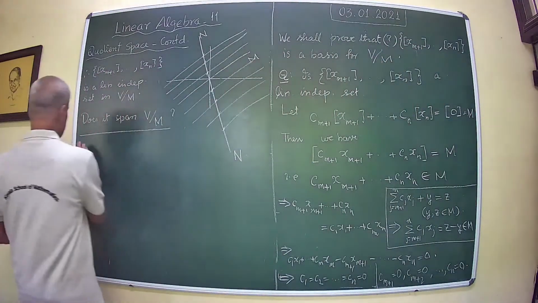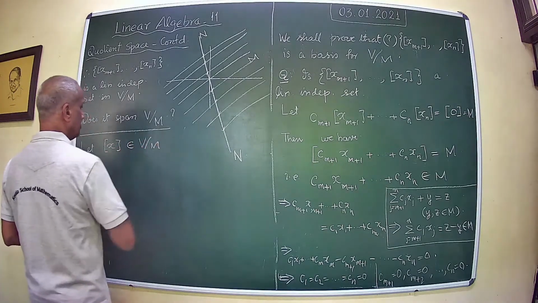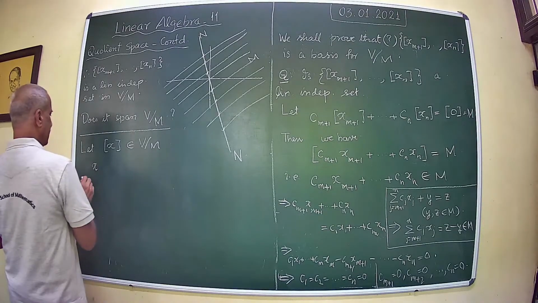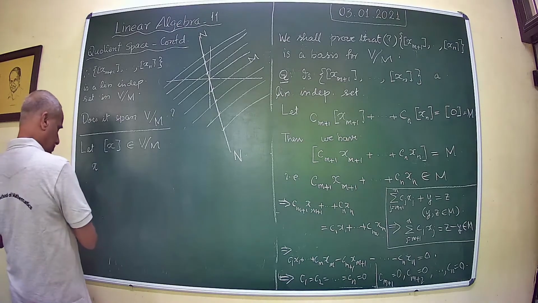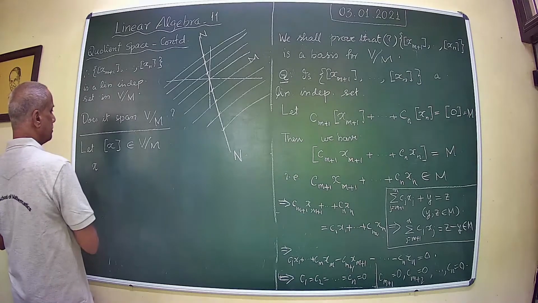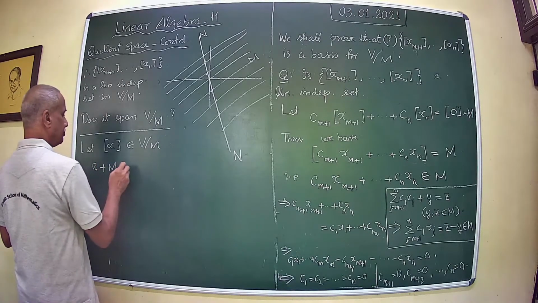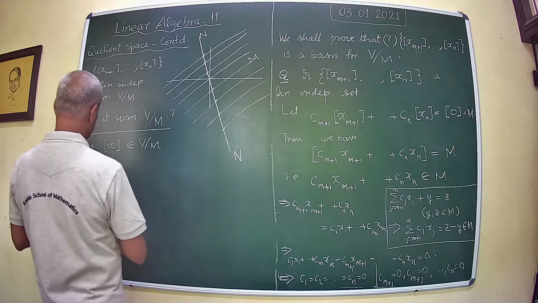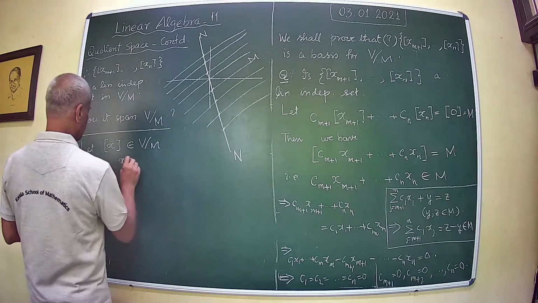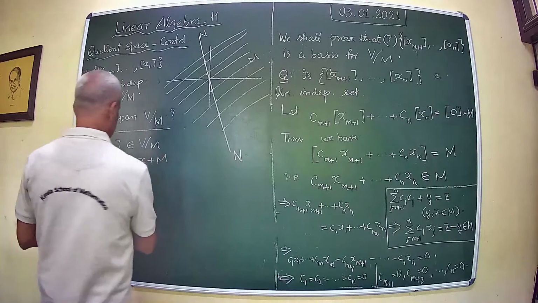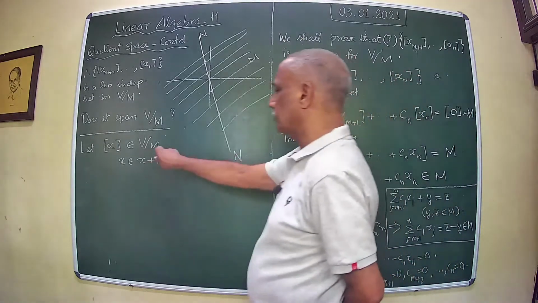Let x be in V, then what you have is x plus M. This is a typical element.